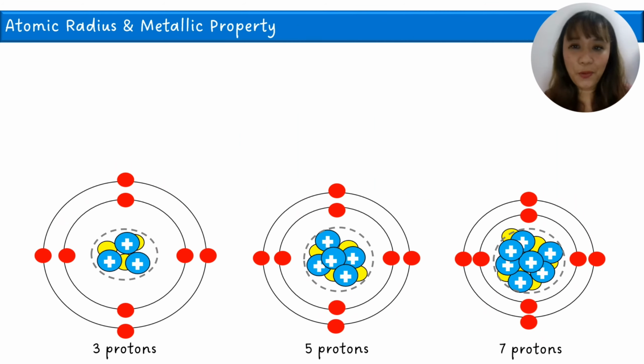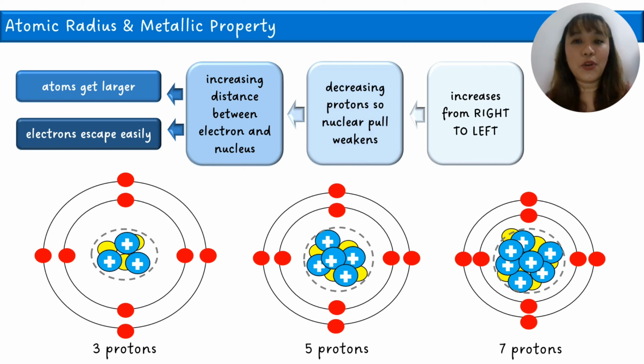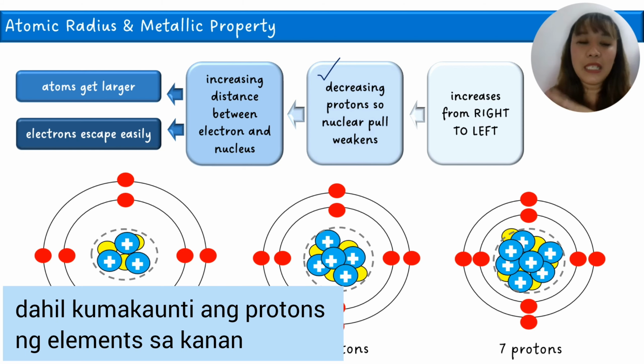Why are atomic radius and metallic property increasing from right to left across a period? First, because of the decreasing number of protons inside the nucleus. When we say decreasing, it is becoming fewer or lower.